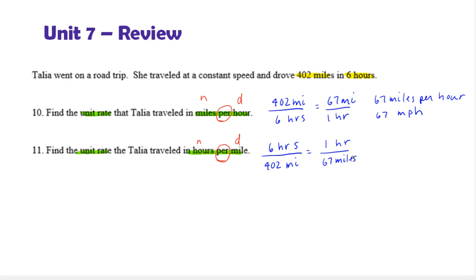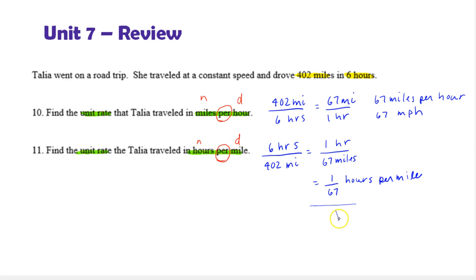So that's not a unit rate in hours per mile. We want to know 1 mile. But we could think of this fraction in a different way. We're going to write the 1 over 67 and now write this as hours per mile. So we're really thinking of this as 1 over 67 over a giant 1.